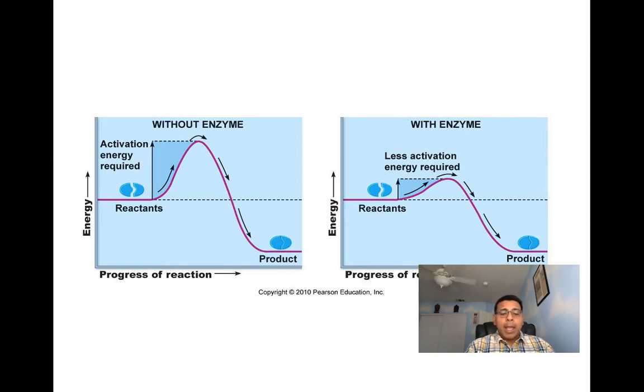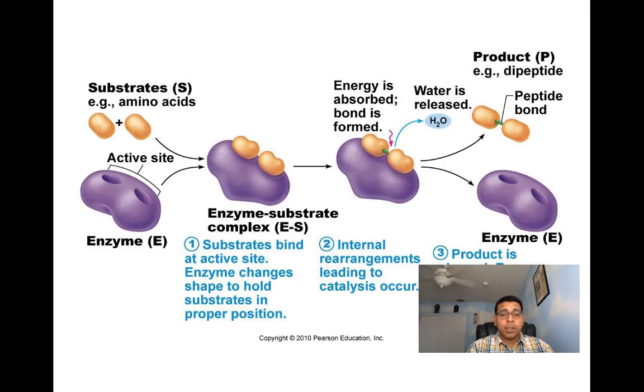Enzymes are going to allow reactions to occur at normal body temperatures by decreasing the amount of activation energy that's going to be required. Now, enzyme action is going to happen by 3 steps. So step number 1, the substrates are going to bind to the enzyme.